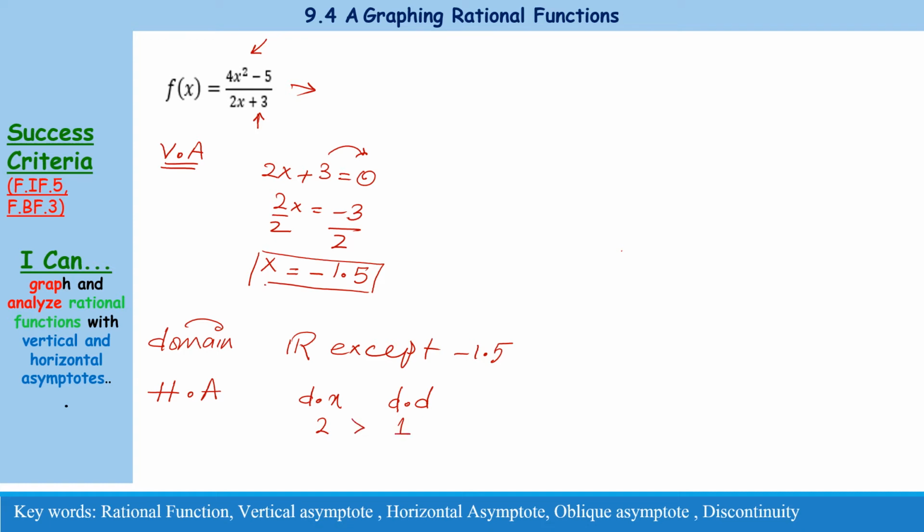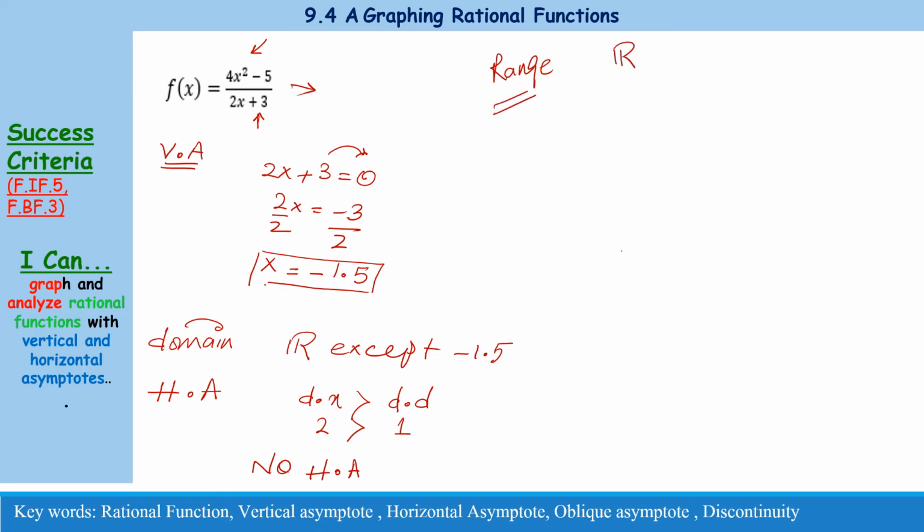Of course 2 is greater than 1. When the degree of the numerator is bigger than the degree of the denominator, we always say we don't have any horizontal asymptote. And once we don't have a horizontal asymptote, our range is all real numbers.